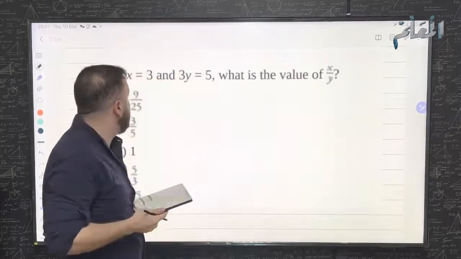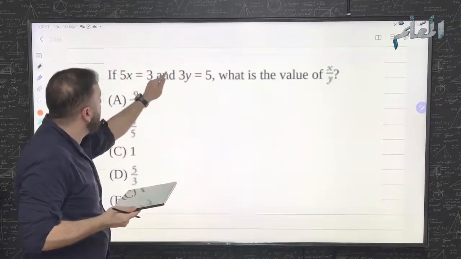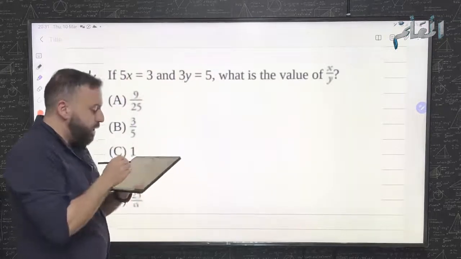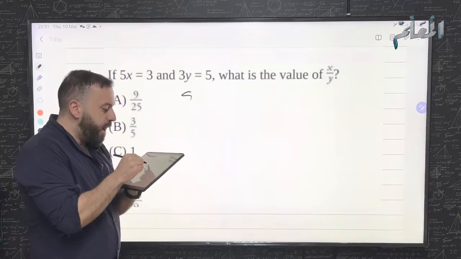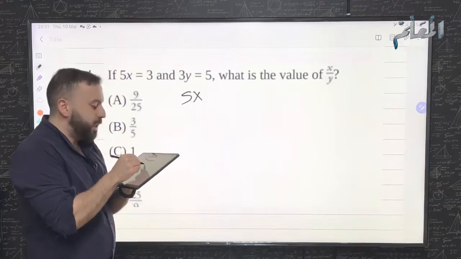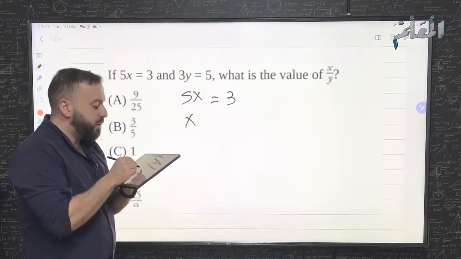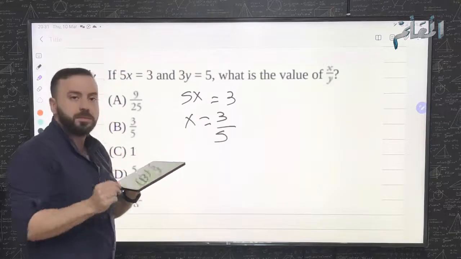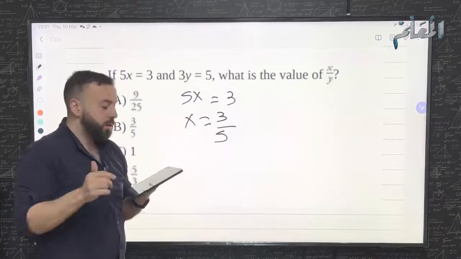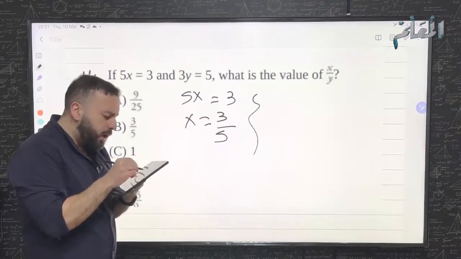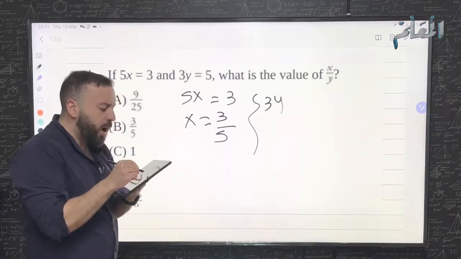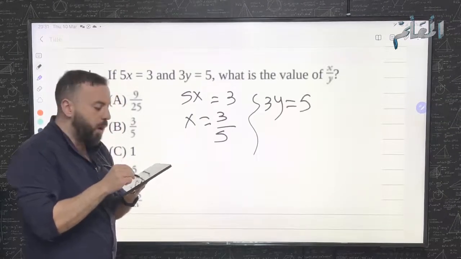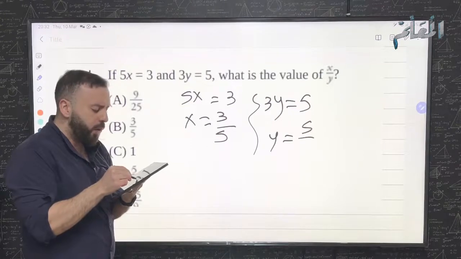So here I need to put x as a subject and y as a subject. 5x is equal to 3, then x is equal to 3 over 5. Done. And 3y is equal to 5, then y is equal to how much? 5 over 3.